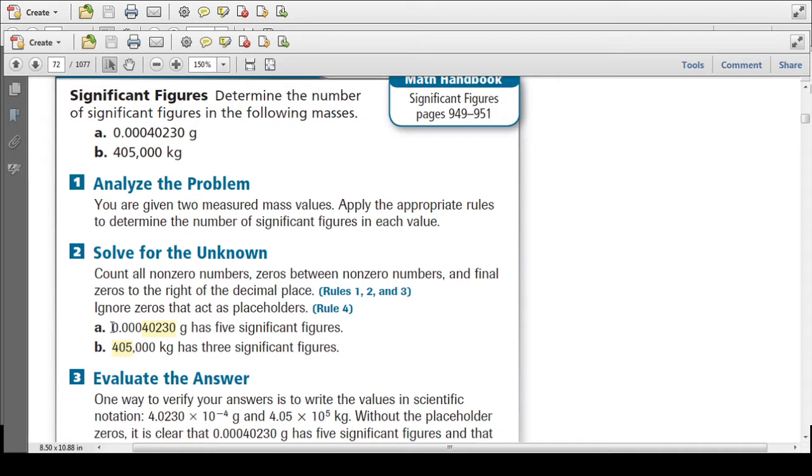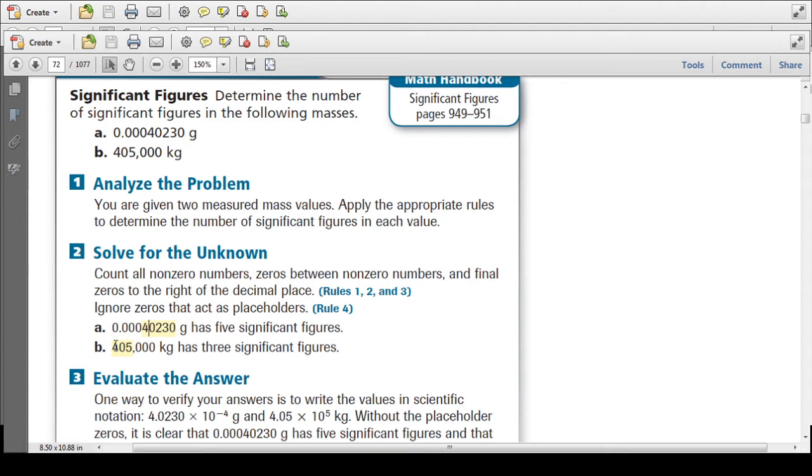In this case, we have these placeholder zeros, but also notice how after the decimal, this 0 has been noted. Because this 0 is noted, we call that a significant 0. If we count them, we have 1, 2, 3, 4, 5 significant figures.